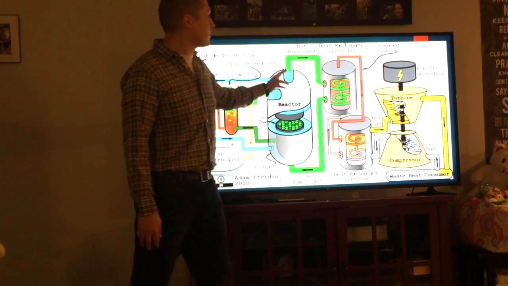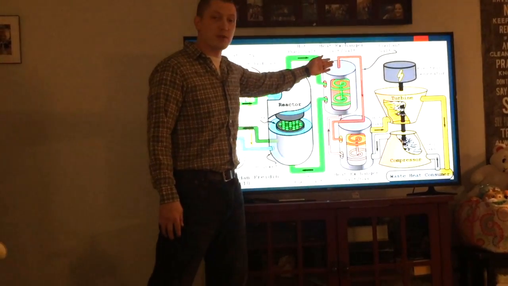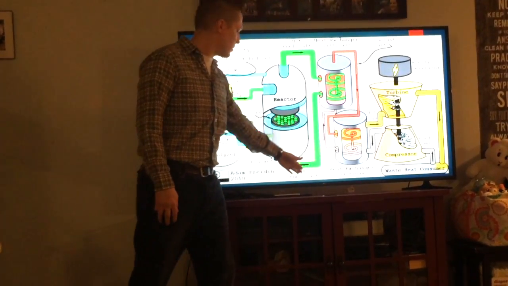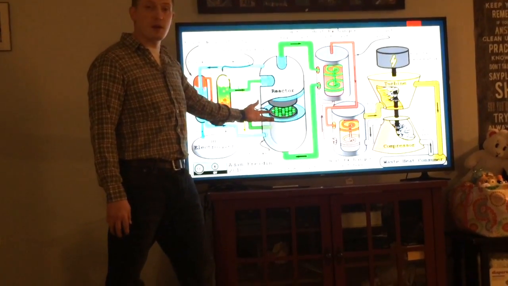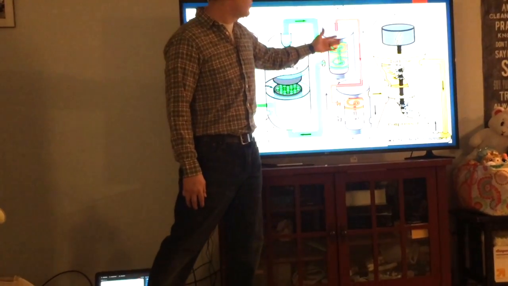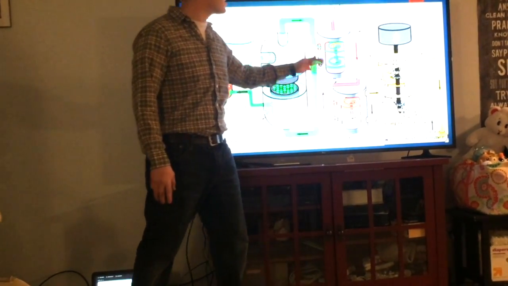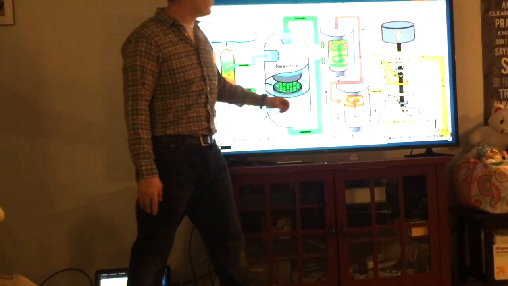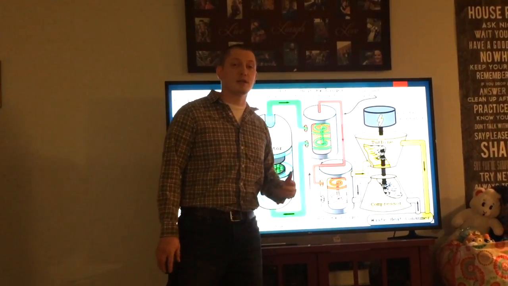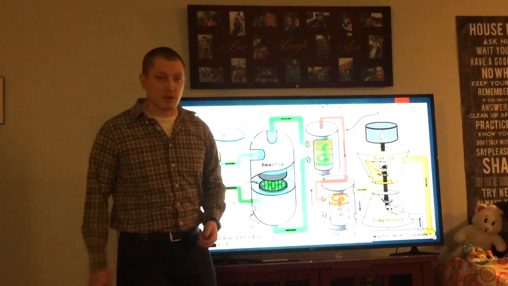The fuel salt cycles through, goes through a salt-to-salt heat exchanger, and then comes back into the reactor. At this heat exchanger, heat is passed from the second molten salt onto a gas, and this gas is used to turn a gas turbine, which is where we get our electricity from.